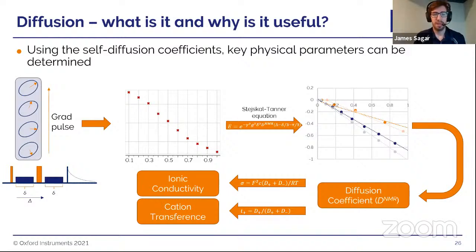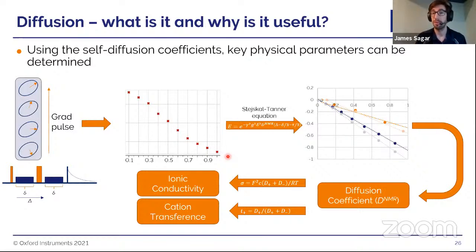Now, this particular NMR experiment essentially uses a set of gradient pulses, separate from the main RF pulse, to dephase the signals that we get according to the diffusion coefficient of the molecules within our solution. So as we increase the strength of these two gradient pulses here in blue, we see a decrease in the signals in the spectra, because there is a dephasing of those signals.